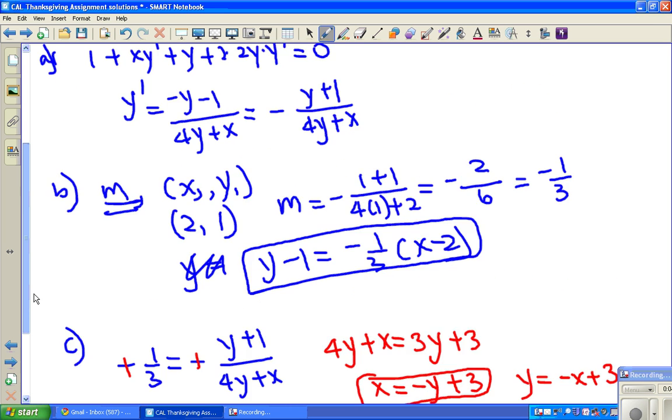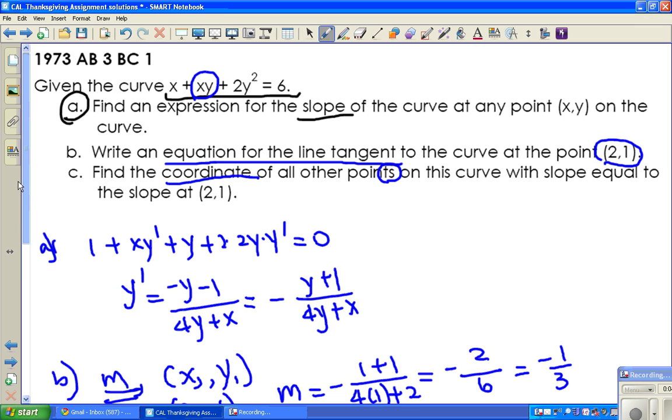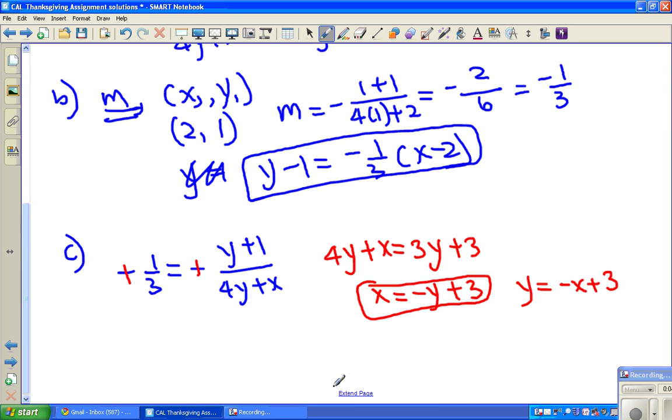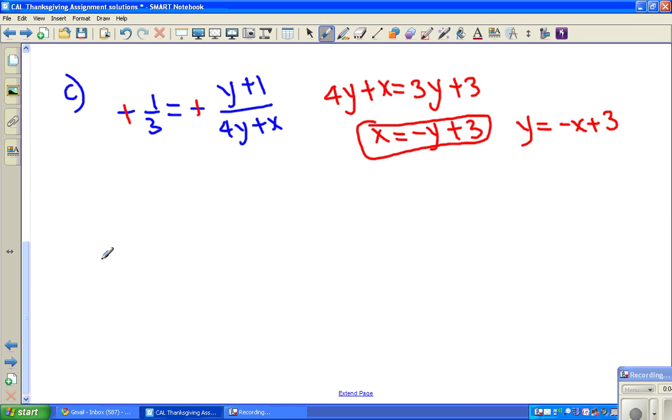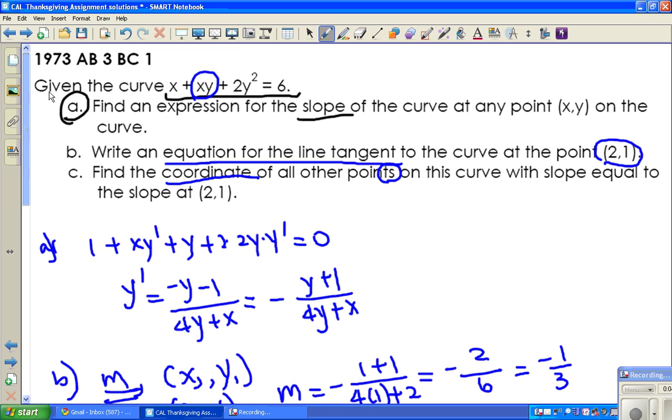Originally it was x plus xy. So in place of x, we're going to have negative y plus 3, plus xy. x would have been, once again, negative y plus 3, times y.